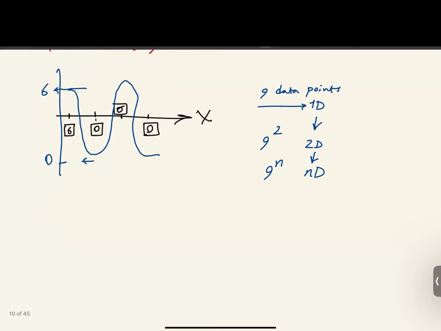So what does this mean when we are dealing with images? For example, if our image is 32 by 32 pixels, and even if we have an RGB channel, 3 channels, in this case we are looking at 3072. By the same analogy, n is 3072, so we want 9 raised to 3072 data points to have sufficiently filled up space for our neural network to fit the curve.